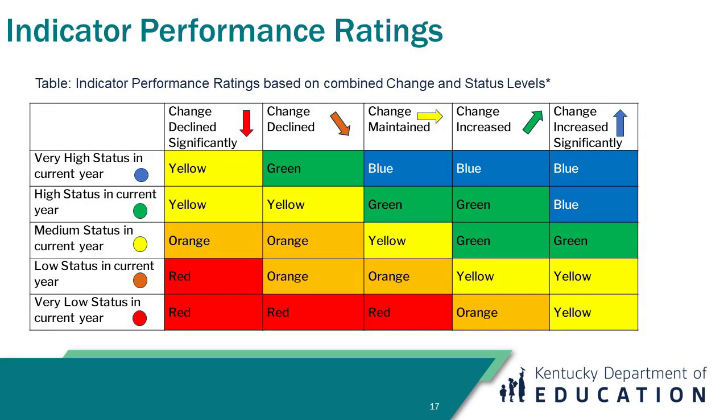This table is a culmination of our earlier discussions on both change scores and status scores. Remember, both change level and status level have 5 distinct levels, which range from decline significantly at the baseline to increase significantly at the pinnacle.